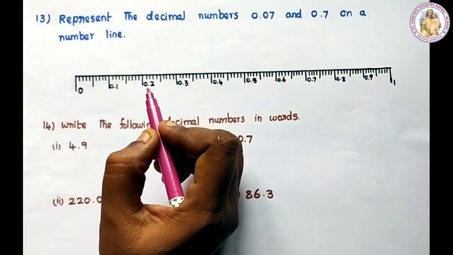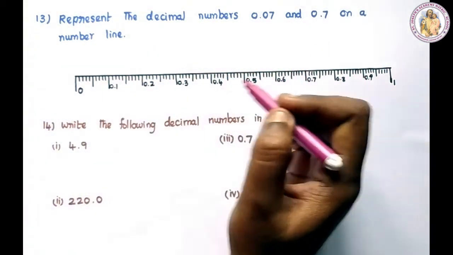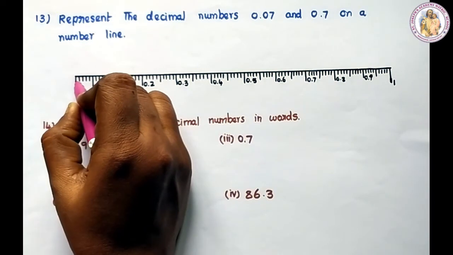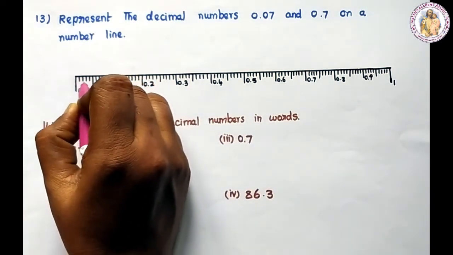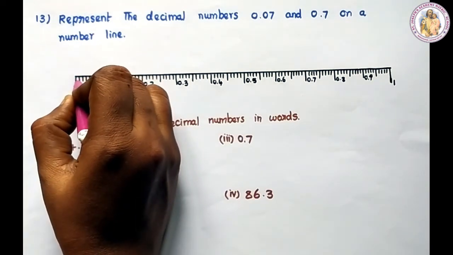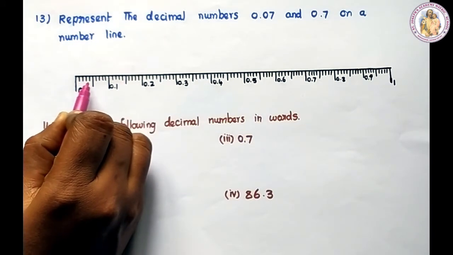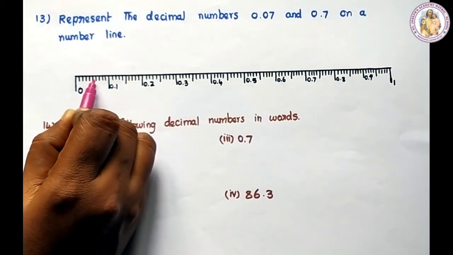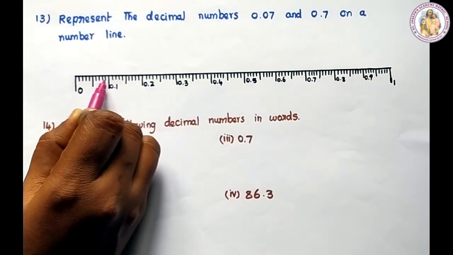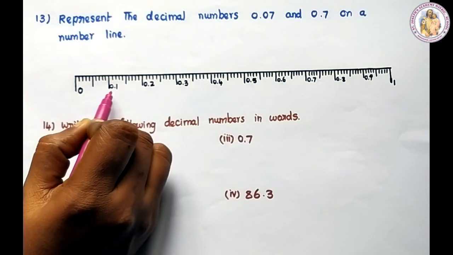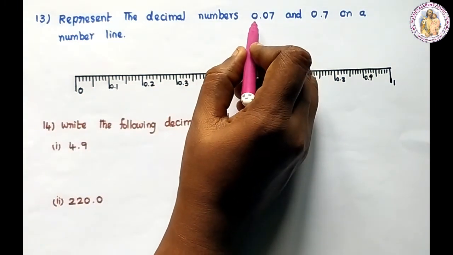So listen, in between 0.0 and 0.1, 10 parts, that is 0.01, 0.02, 0.03, 0.04, 0.05, 0.06, 0.07, 0.08, 0.09, 0.1.